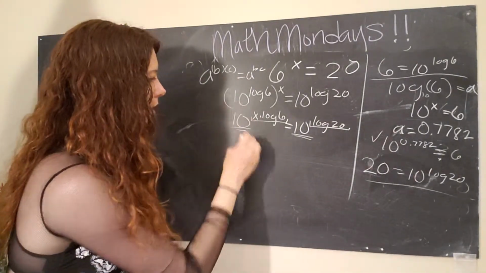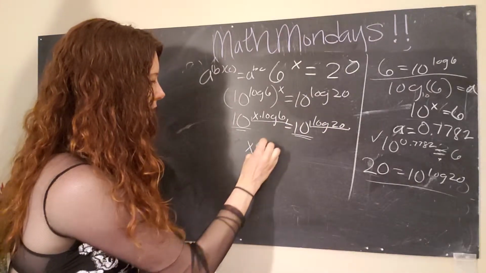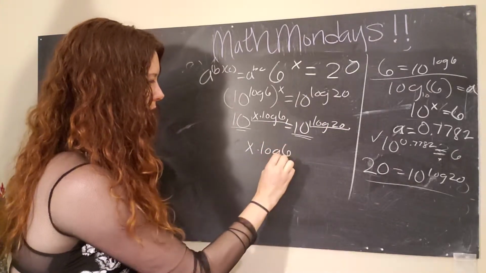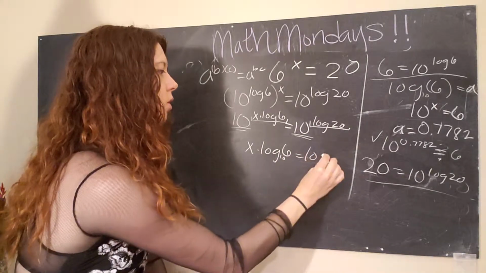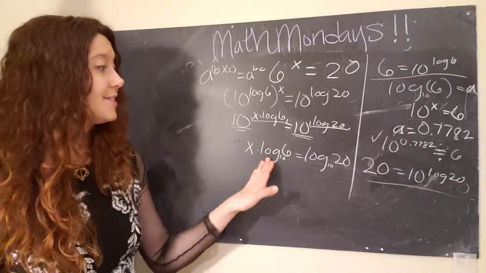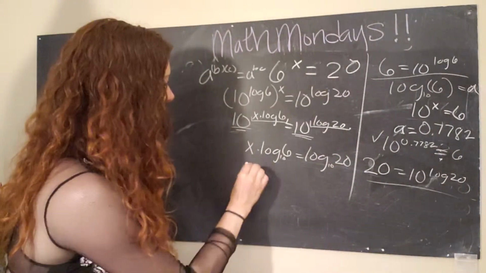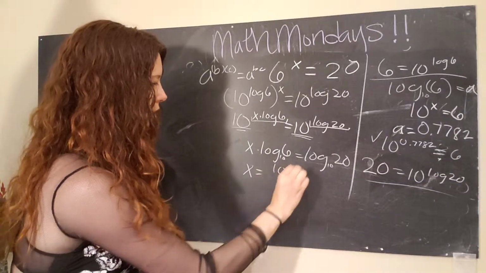So now we can just focus on the exponents and say that x times log 6, and again we have a little base 10 there, equals log base 10 of 20. And we're super close. All we have to do is divide log 20 by log 6 and we are good to go.